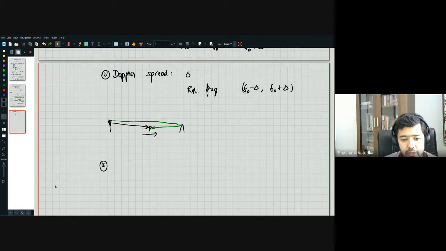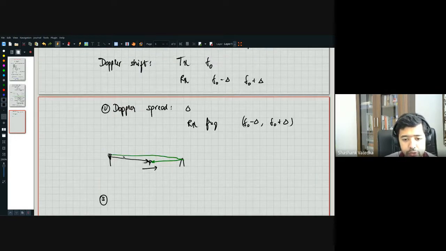Note that the distance traveled by the signal along this path is different from the distance traveled along this path. So x of t, some particular symbol transmitted at time t, takes a certain amount of time to reach the receiver, but along this path it takes a longer time to reach the receiver, right?